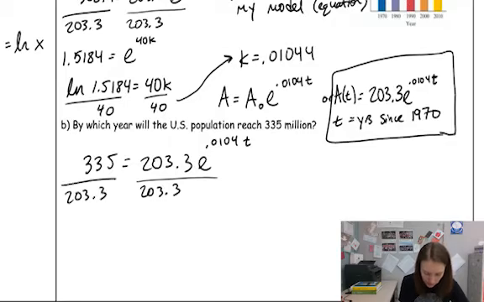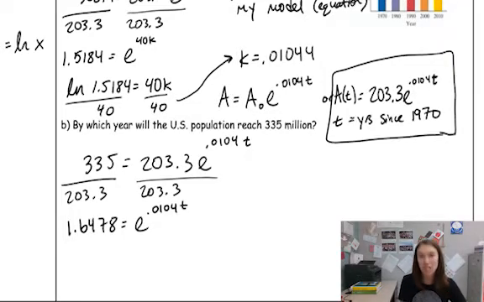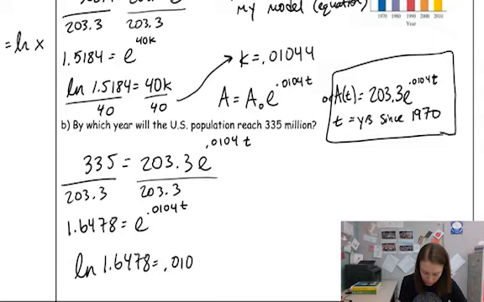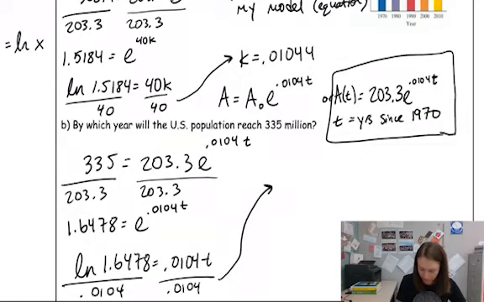First, I'm going to isolate the exponential piece. I get 1.6478 equals e to the 0.0104t. Then I'm going to change to log form. ln of 1.6478 equals 0.0104t. Divide by 0.0104 on both sides. I know I'm going fast because I don't want the video to be really, really long.